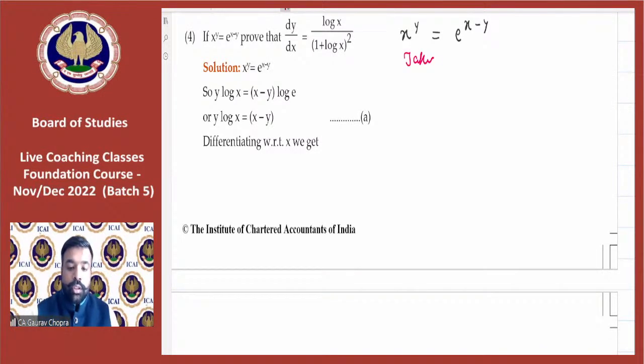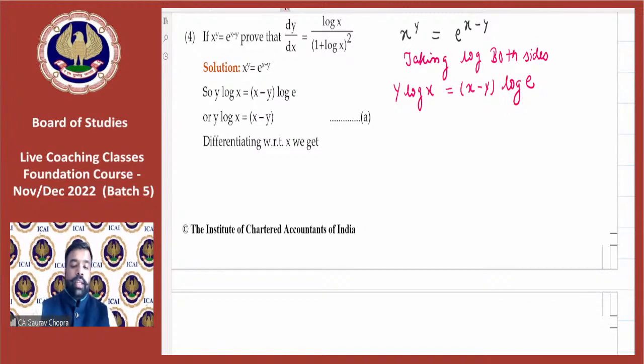So taking log both sides. Now what will happen? We can apply the property of logarithm. You might have read in that chapter. So y will come forward and it will become y log of x. Similarly, x minus y will jump forward and it will become (x minus y) log of e.